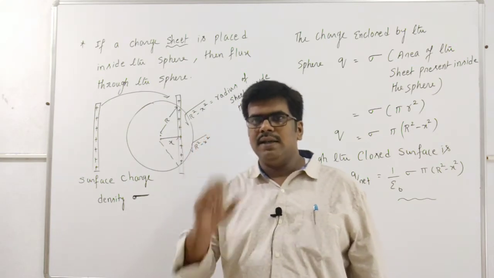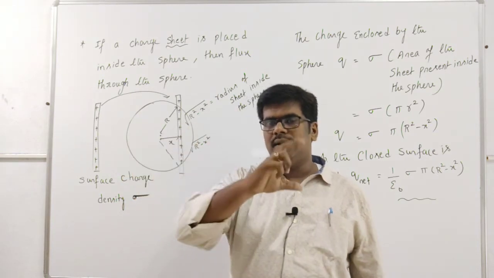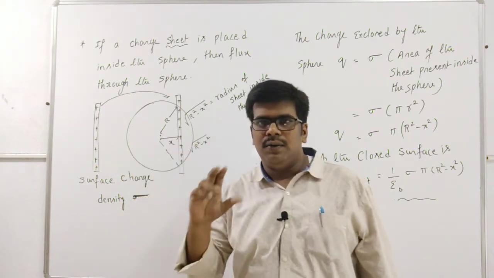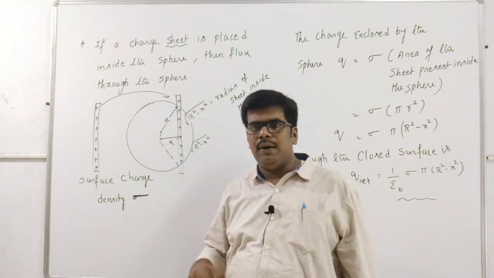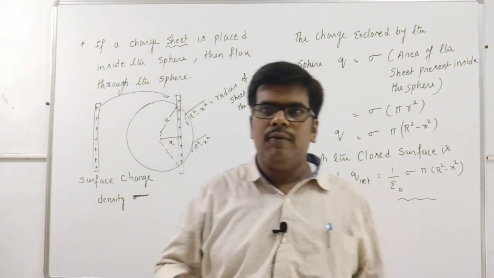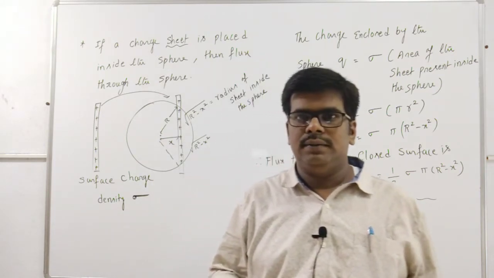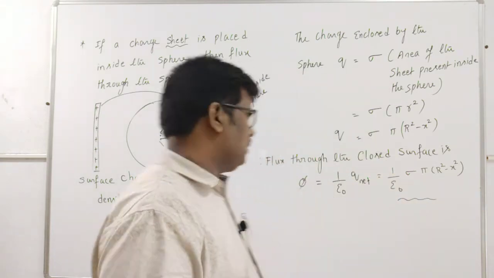One charged ring is there whose radius is r. That charged ring is passing through a sphere of radius smaller than it, that is, r by 2. Then what is the maximum flux passing through the sphere? They are asking that, so we will be discussing it.